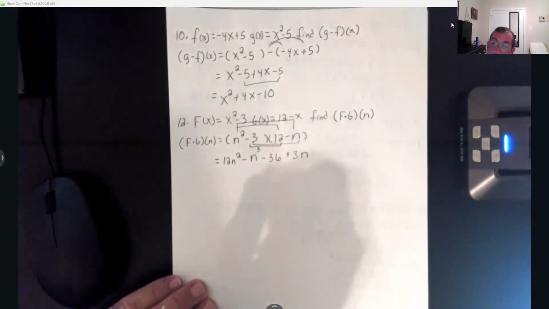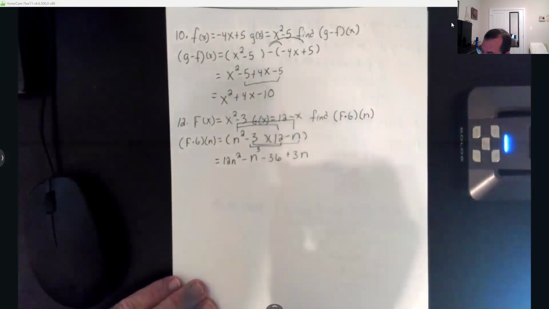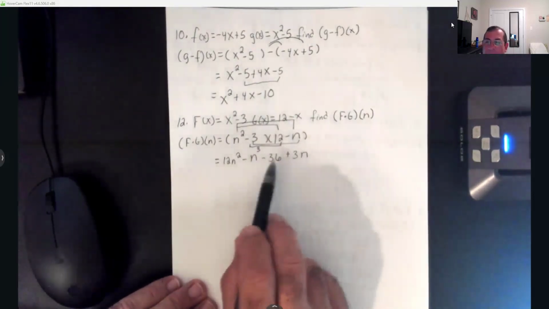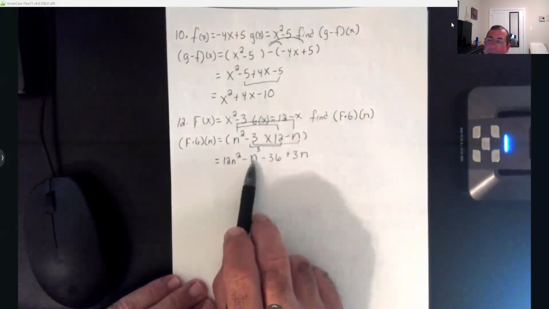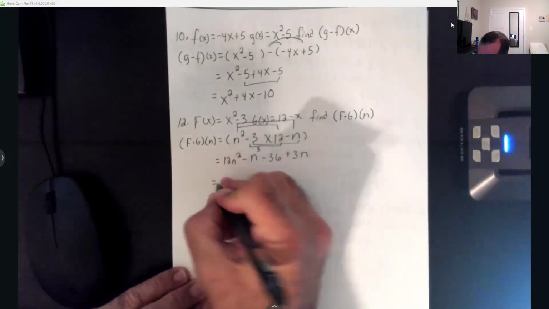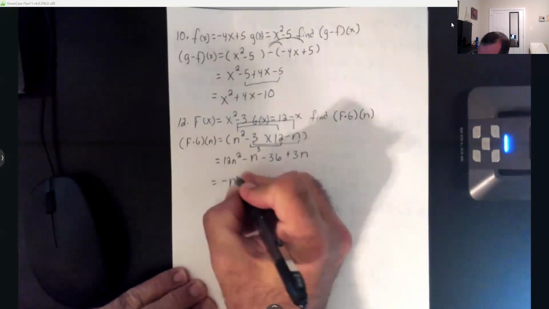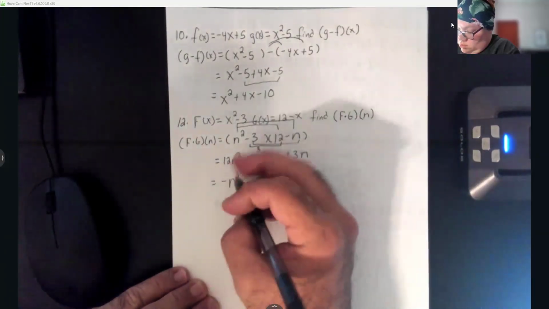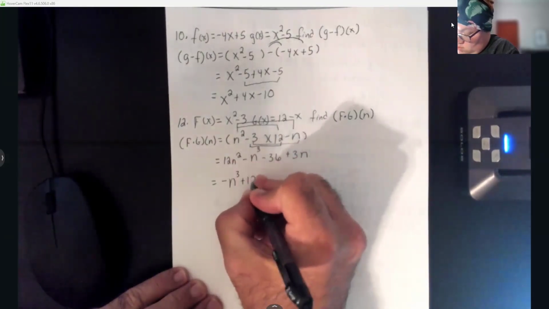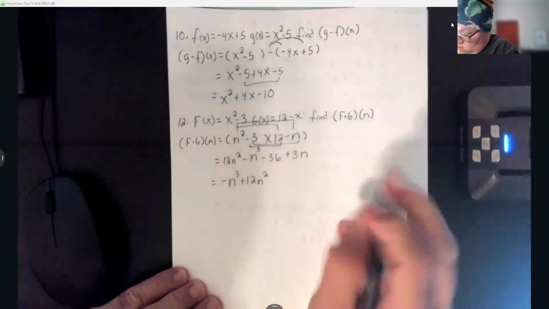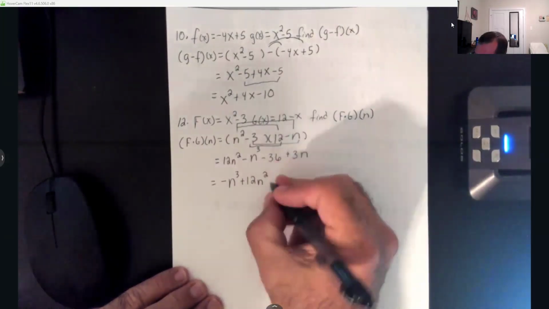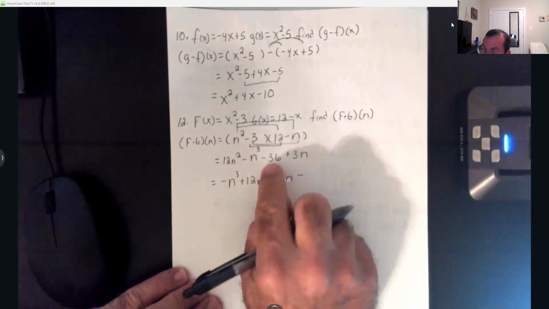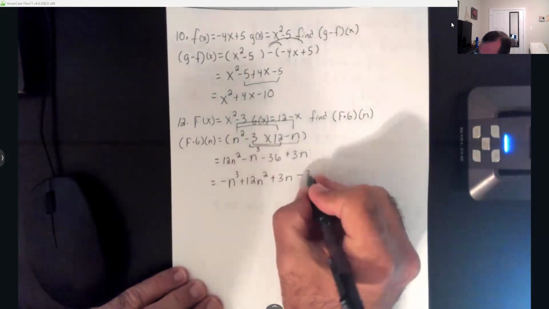There's probably one more thing I would do to that, because they want this in descending order. So you've got to put the biggest exponent, then the next, and then the next, and then the number. That n cubed is negative, so you keep a negative n cubed, plus my 12n squared, plus my 3n, and then minus my 36.